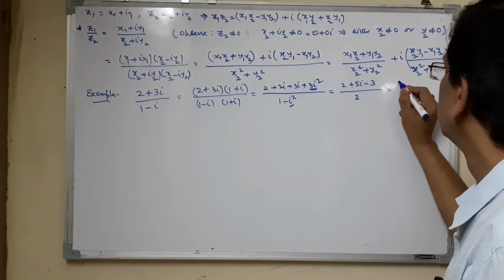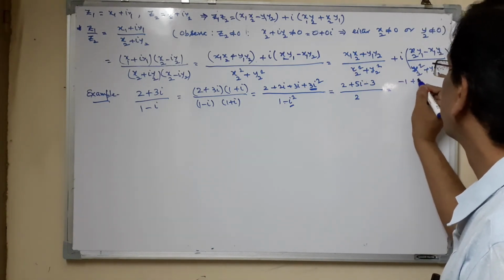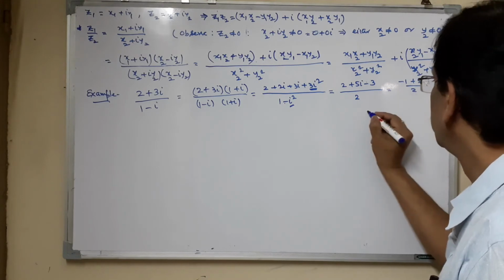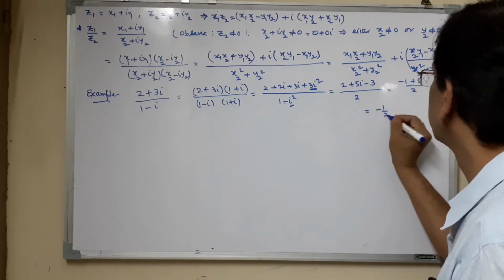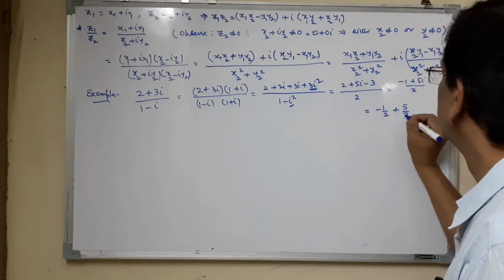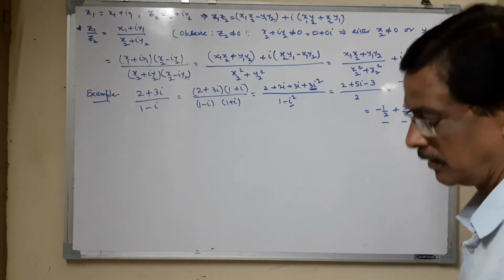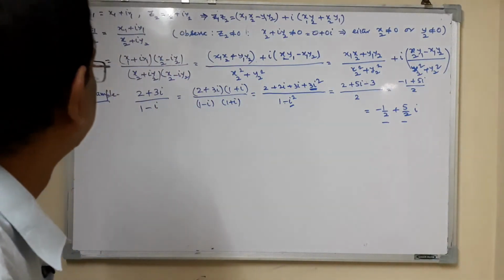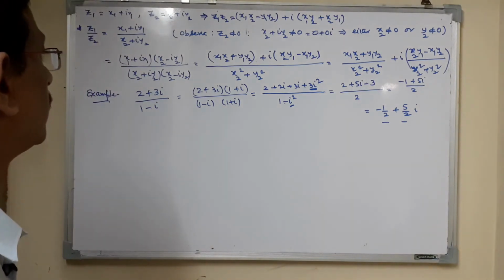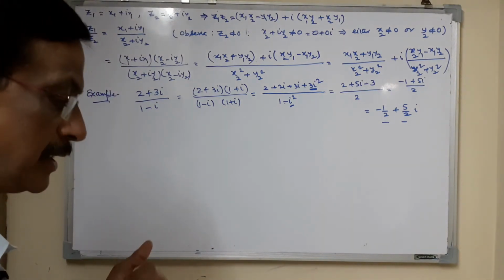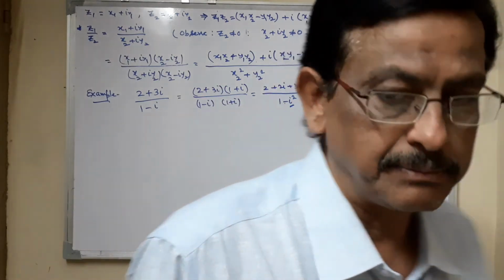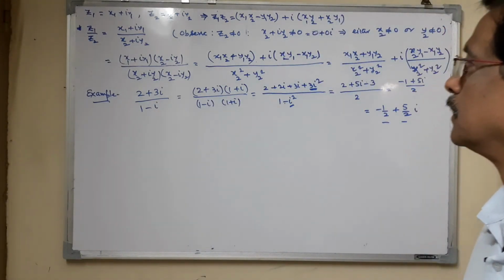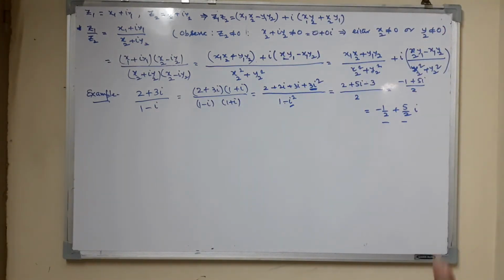So you will get (minus 1 plus 5i) by 2, which can be written as minus 1 by 2 plus 5 by 2 i. So the quotient is again a complex number. We have seen product, we have seen sum, we have seen quotient. Minus is the same. We need not worry about that.